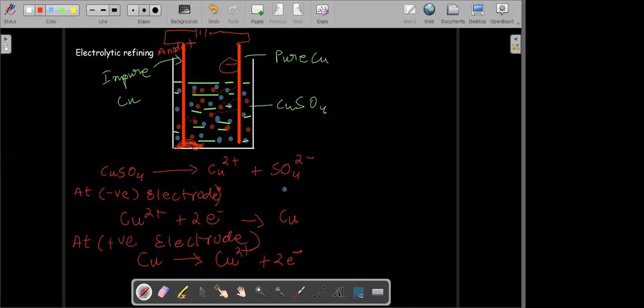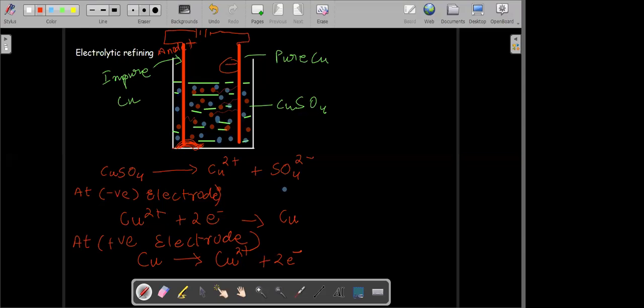Okay. So let me repeat this once more. During this process, we make the impure copper the anode. We connect it with the positive terminal of the battery, and a pure copper electrode is made the negative electrode.